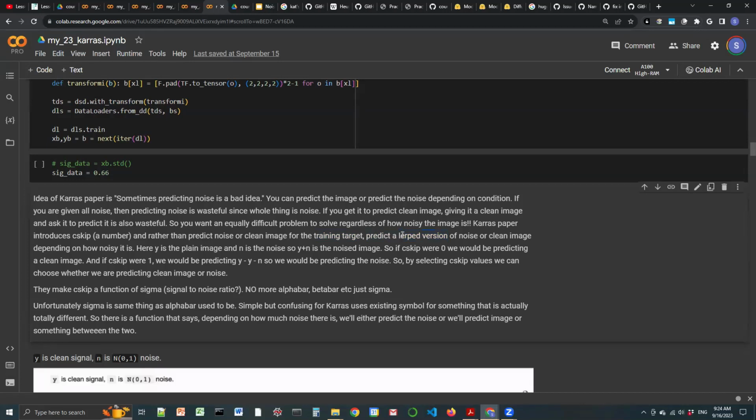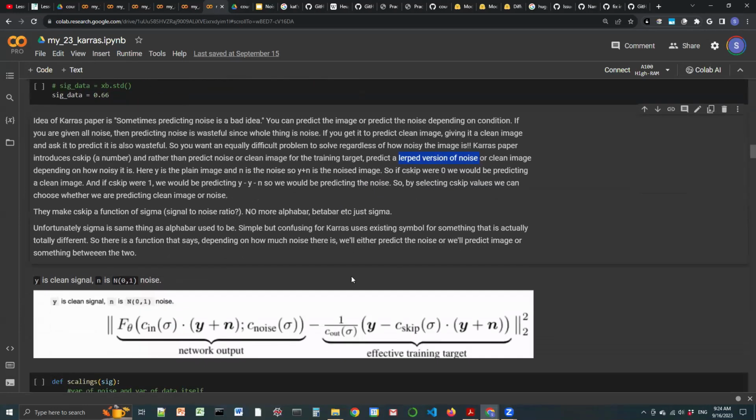So you predict a LERPed version of noise or a clean image, depending on how noisy it is, right? In this equation, which is taken from the paper, to orient ourselves, Y is the clean image, N is the noise.